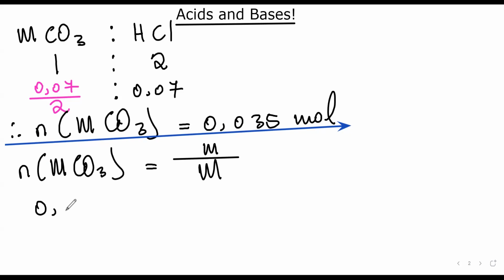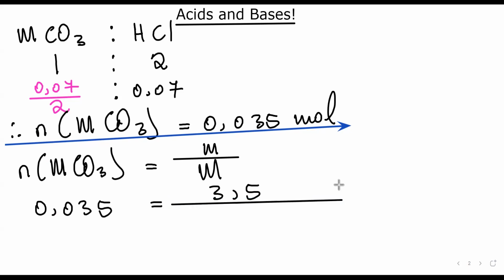But bottom line, we know the number of moles, and the mass was given to us as 3.5. Now we just need to find the molar mass. I'm just going to extend this and ask, what is the molar mass of this thing?